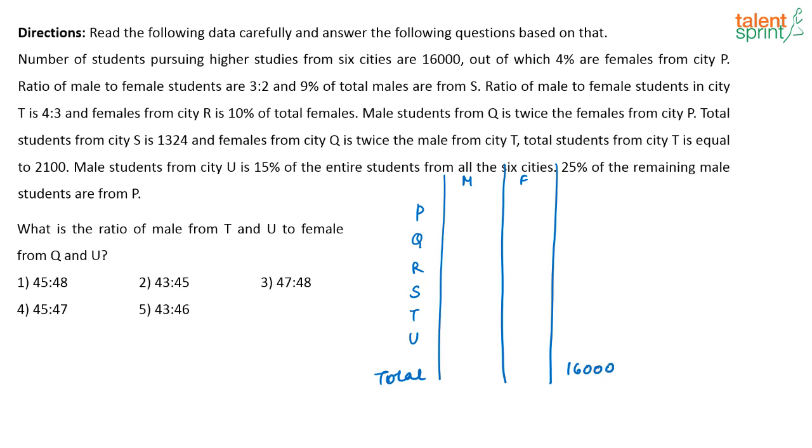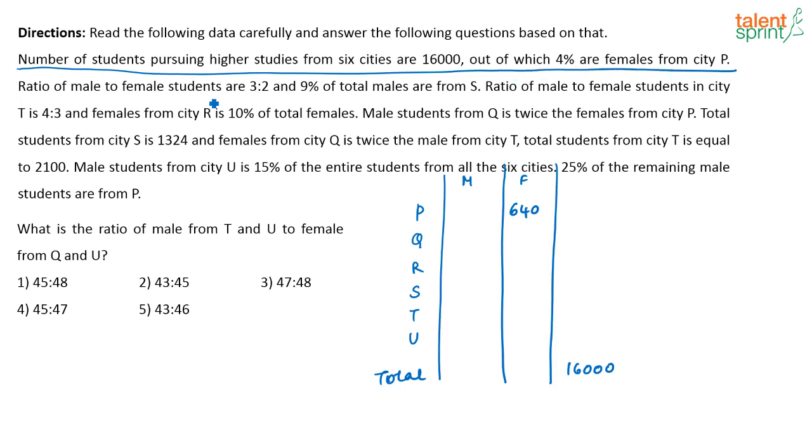Now out of these 16,000 people, it is given that 4% of the people are female from city P. 4% of 16,000, that is 160 into 4, or 640, correct? 640 people are from city P and they are females. So this information I have used.